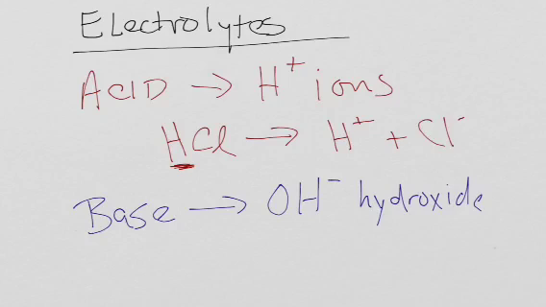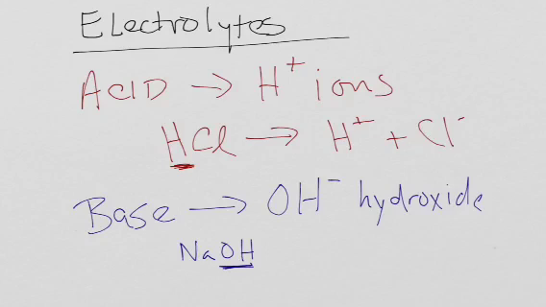A really good example is sodium hydroxide. Hydroxide is a combination of one oxygen and one hydrogen bound together. Anytime you have an OH here, that gives rise to a base.